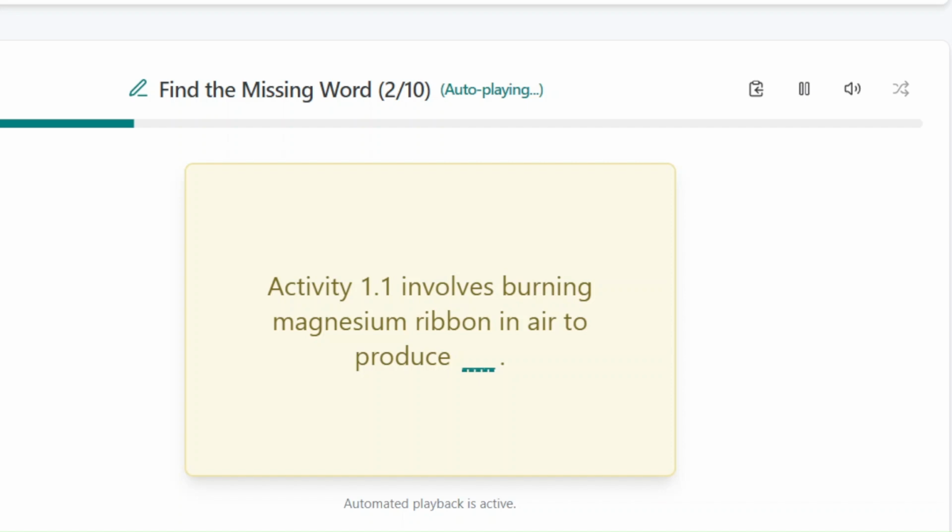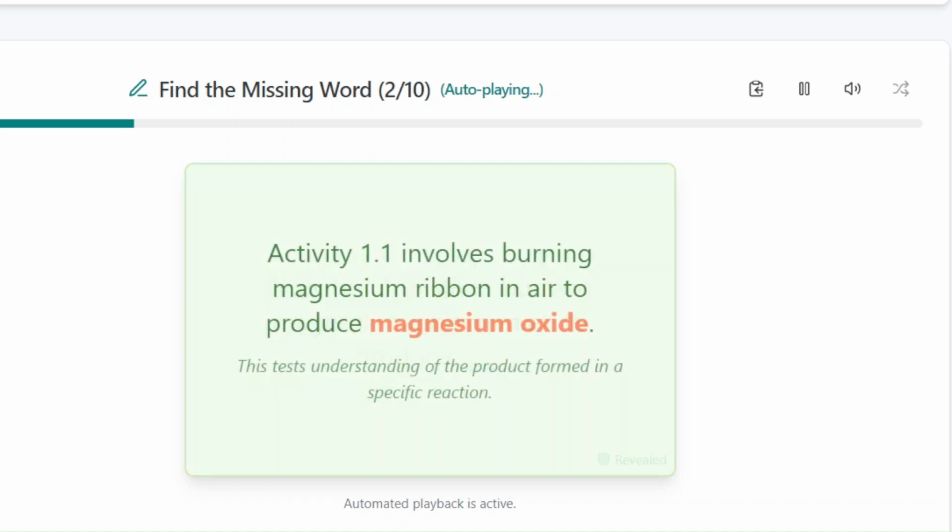Activity 1.1 involves burning magnesium ribbon in air to produce dash. Magnesium oxide. Explanation: this tests understanding of the product formed in a specific reaction.